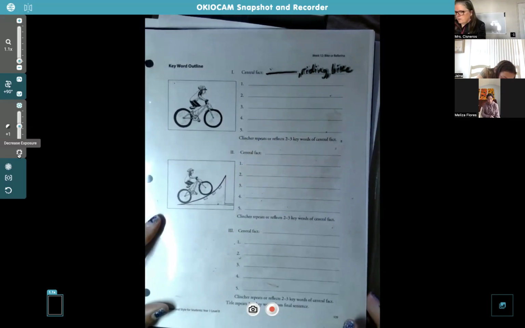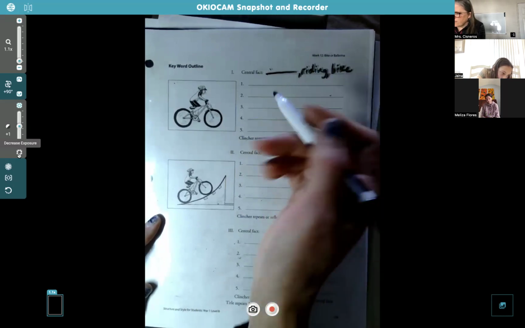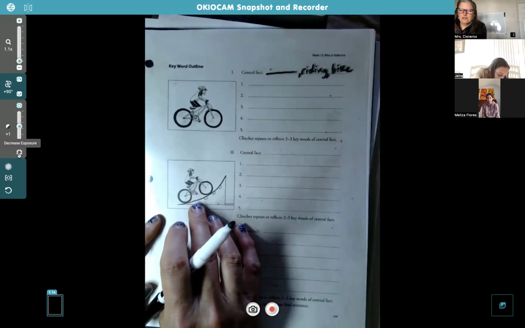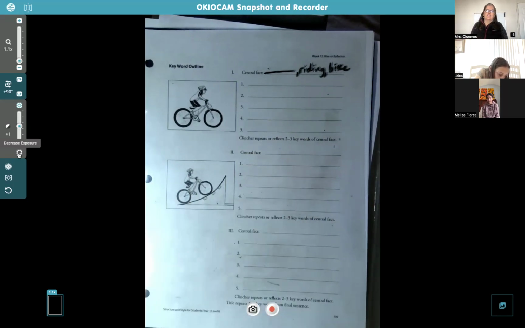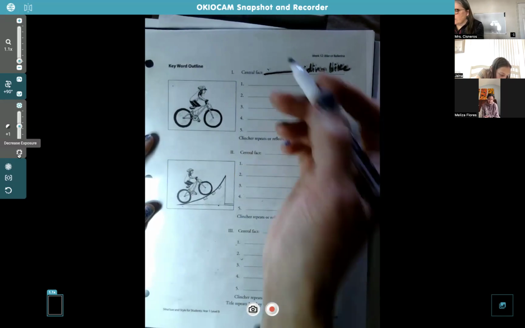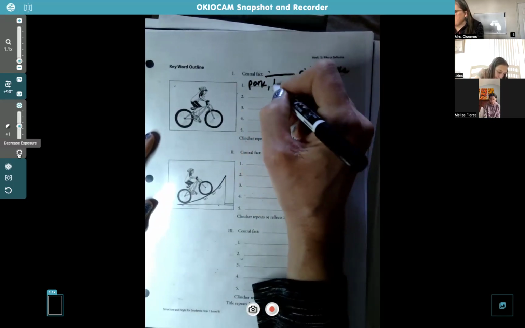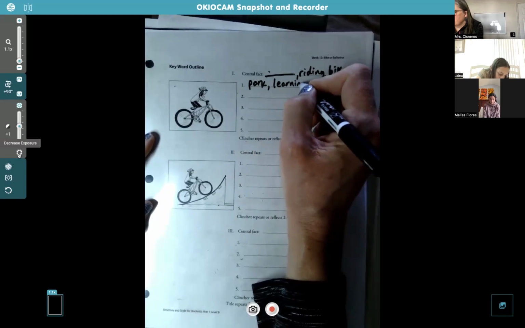It looks like he's going towards the ramp to jump. Yeah, you peeked ahead and that's okay. Maybe he's at, do they have those at a skate park? That's what I'm thinking. I don't know if you can take a bike on a skate park though. I don't know either, but maybe it's a park. Park. Maybe he's learning tricks.